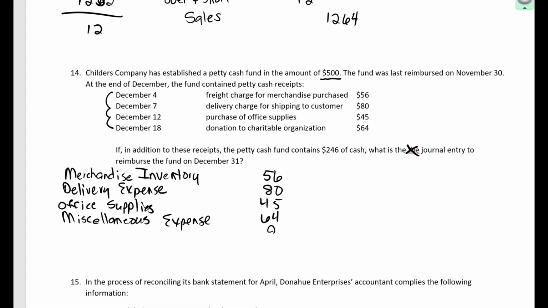We are going to be $9 short. So we will debit over and short the $9 that we're off and credit cash for $254. And then once we replenish with $254, we are back at the original $500.